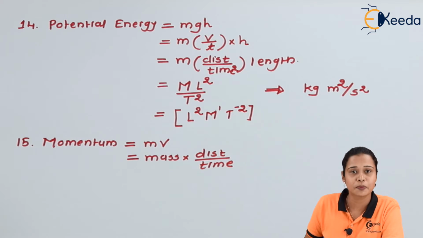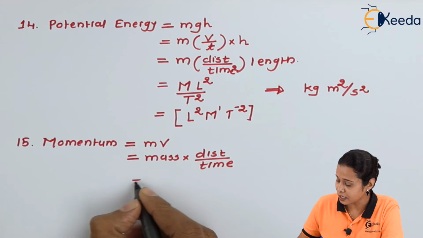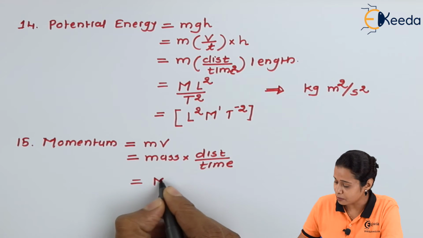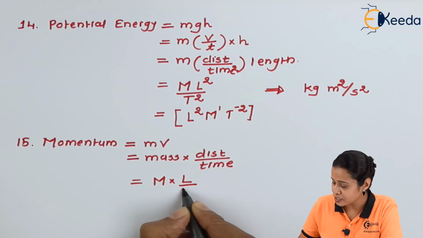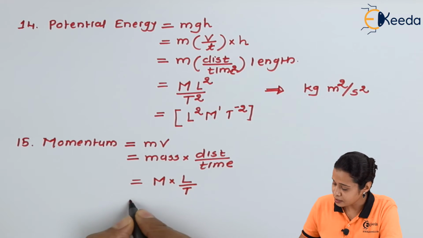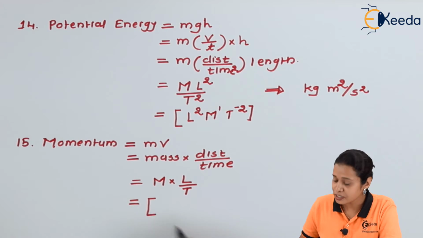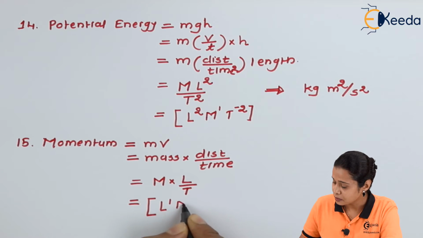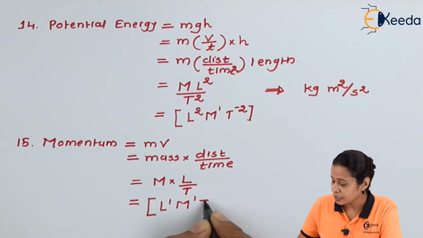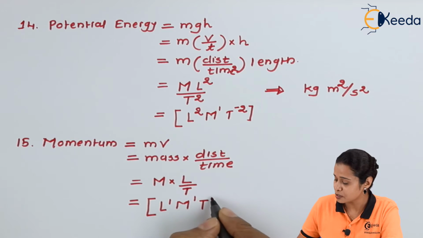If you want to express this in physical quantities, we will write m for the mass, then distance is L and time is T. Hence, dimensions of momentum can be written as L1 m1 T minus 1, since T is in the denominator.